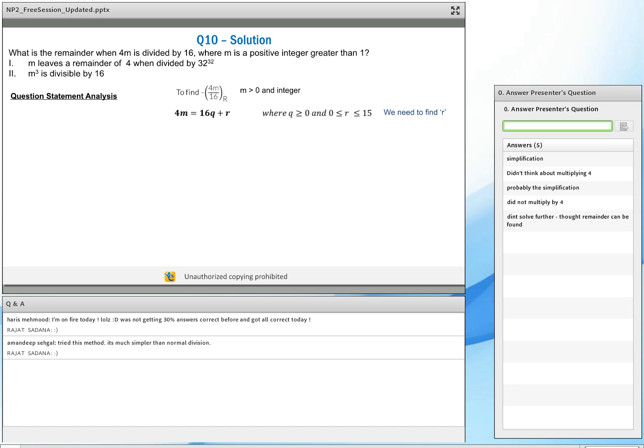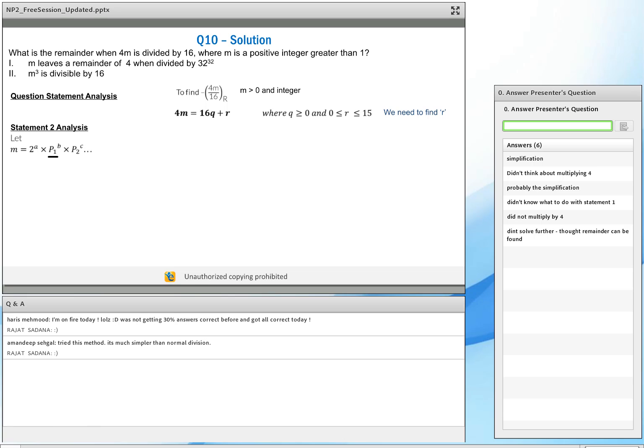All right. Statement 2 says that m cube is divisible by 16. Now, we have to figure out what's the remainder when 4m is divided by 16. And we know that m cube is divisible by 16. So we express m as 2 to the power a multiplied by p1 to the power b times p2 to the power c, where p1 and p2 are prime numbers.